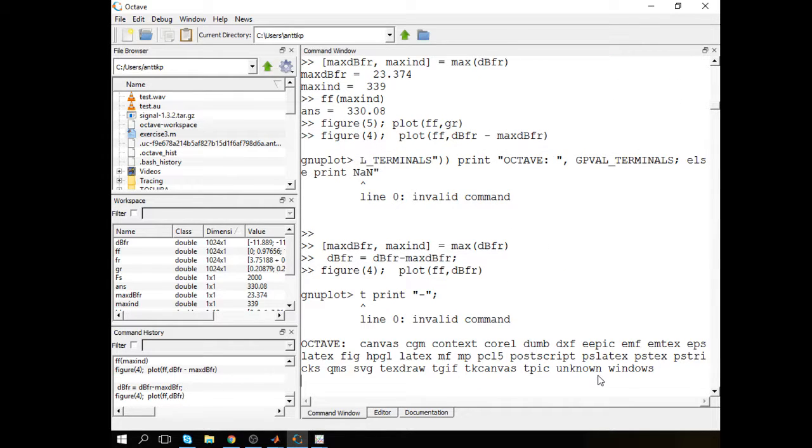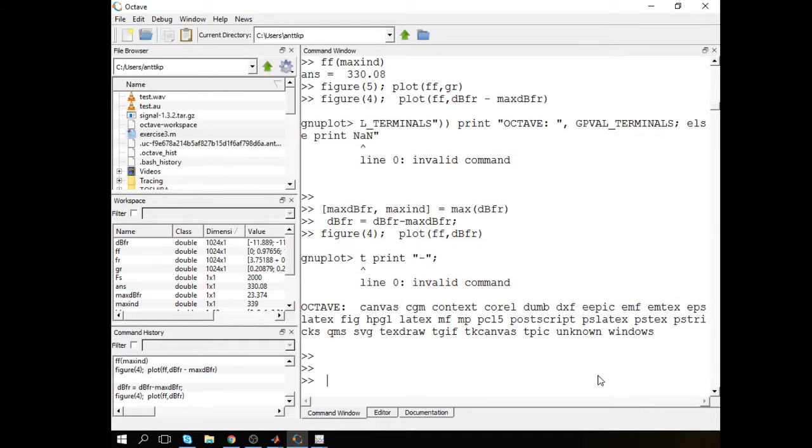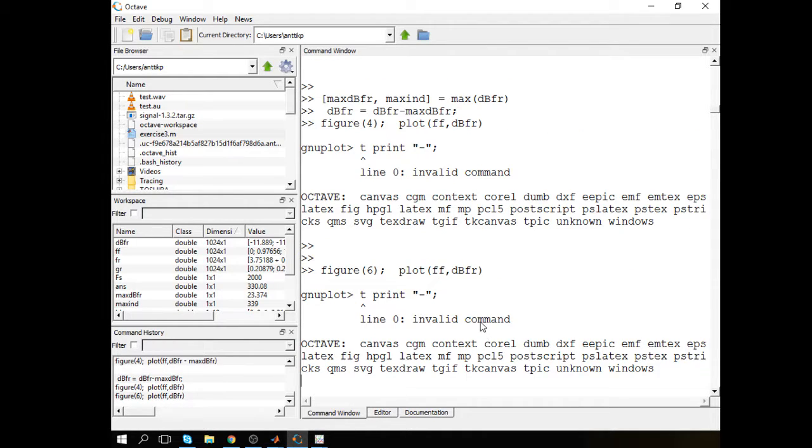No, what the hell is going on here again? This is so frustrating. Does it give me permission to plot anywhere? New figure. No, it doesn't plot me anything anymore.